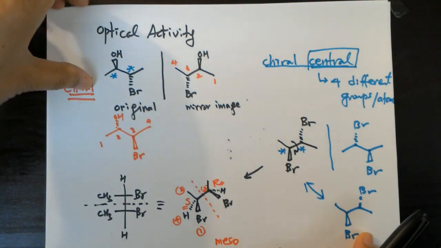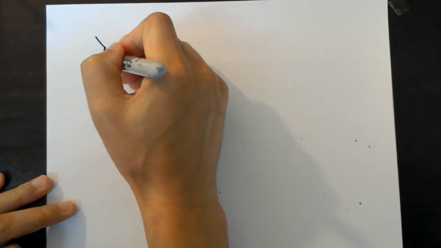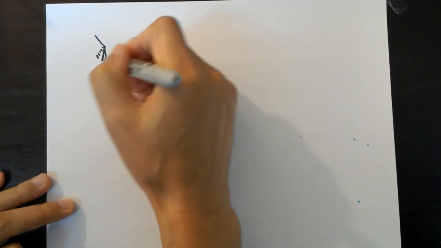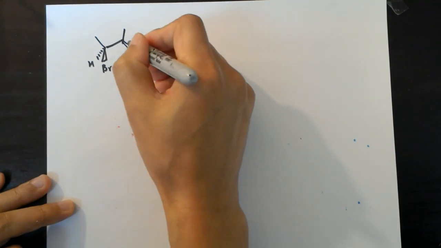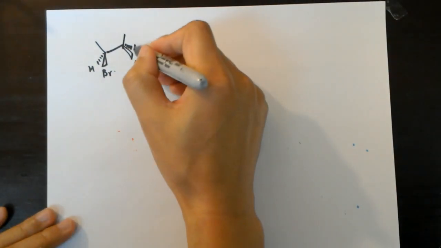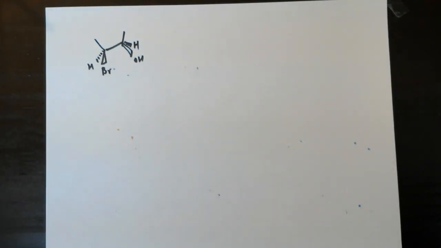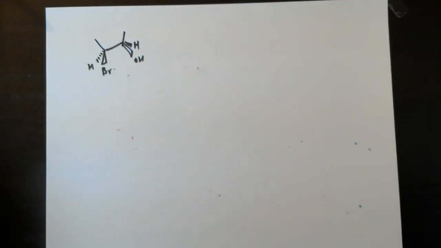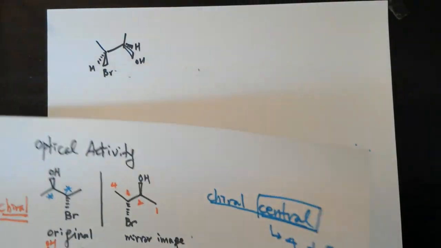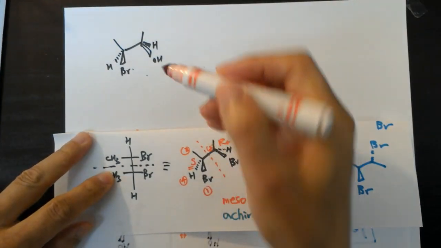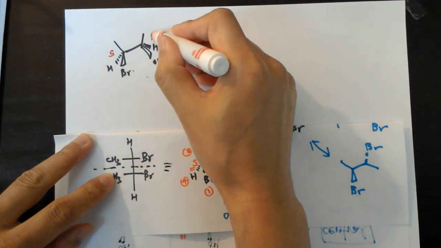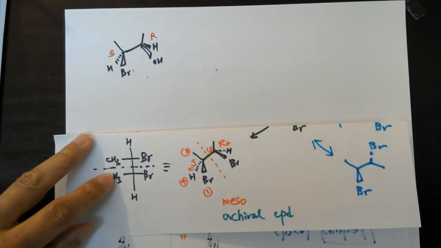However, if you imagine the molecule with opposite configuration, just like the previous example here, like this case, you have the same S and R configuration, opposite.